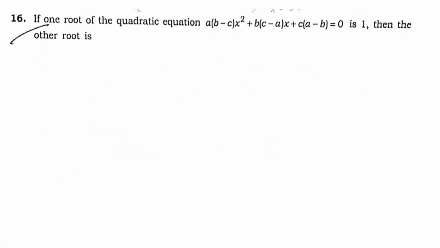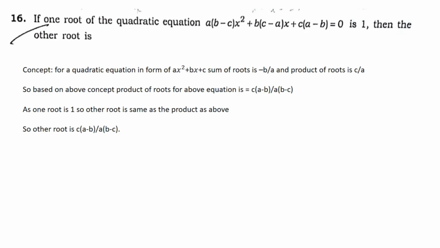If one root of the quadratic equation a into (b minus c) into x square plus b into (c minus a) into x plus c into (a minus b) equal to 0 is 1, then the other root is. Here also the concept is very easy. For a quadratic equation in the form ax square plus bx plus c, the sum of roots is minus b by a and the product of roots is c by a.